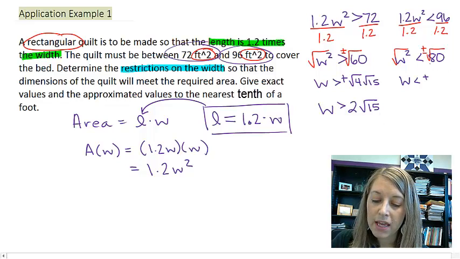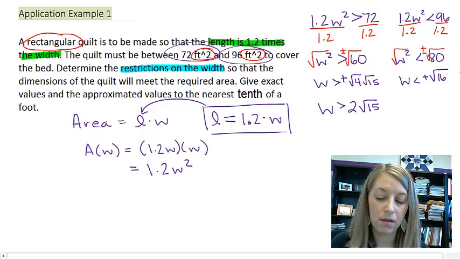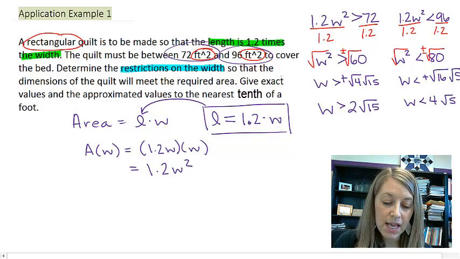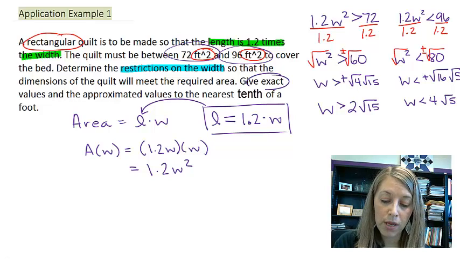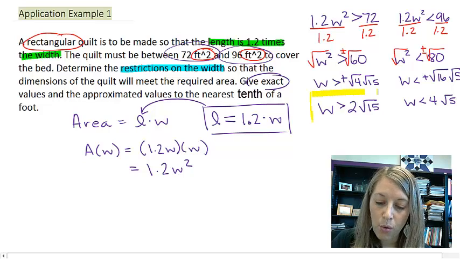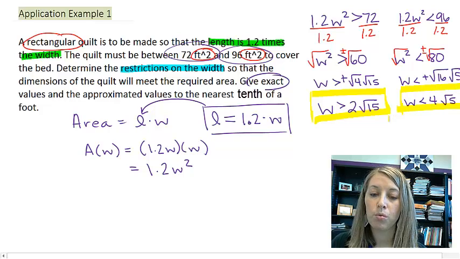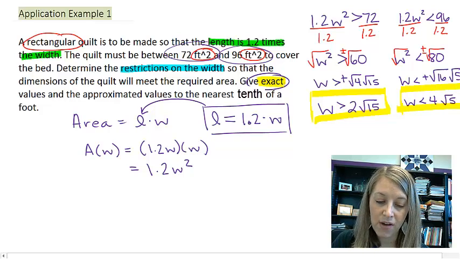On the other side, I can take the square root of 80 and simplify that as the square root of 16 times the square root of 5. And so that tells me W is less than 4 square root of 5. So since it wants the exact values, these are my two answers. The width of my quilt must be greater than 2 root 15, and it also must be less than 4 root 5. So that's my exact values.